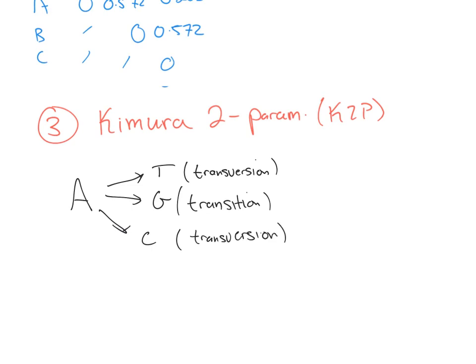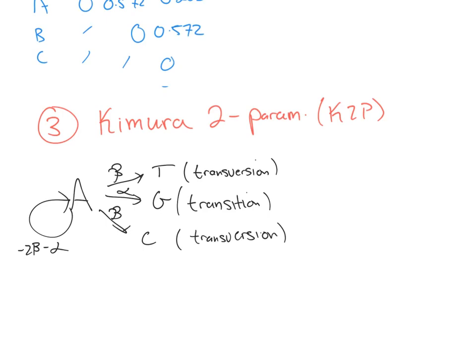So K2P says that if you made a transversion, that's going to be beta, and if you made a transition, that's going to be alpha. And then if you go back onto yourself, since this needs to equal 0, this one's minus 2 beta minus alpha to make everything balance.